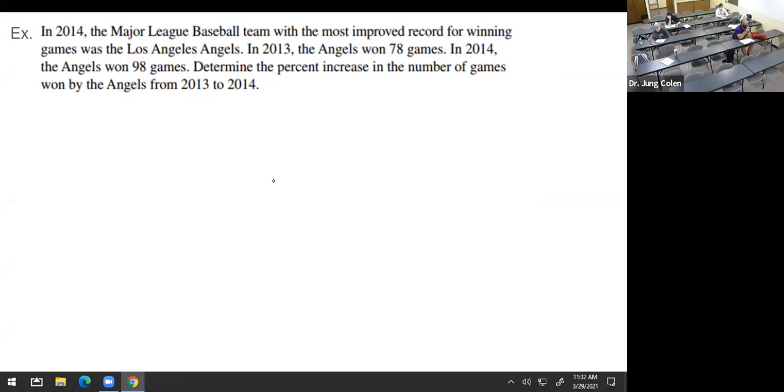So from 2013 to 2014, did they increase or decrease? Increase, right? From 78 to 98. So we know that it's going to be a positive number. So it's increased, right? Determine the percent increase in the number of games won by the Angels from 2013 to 2014.